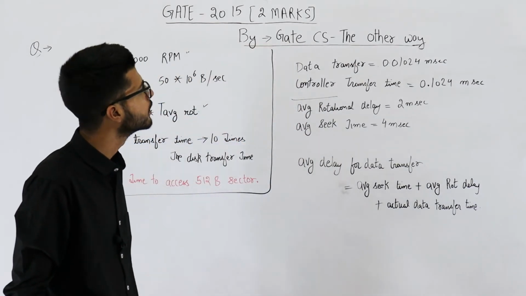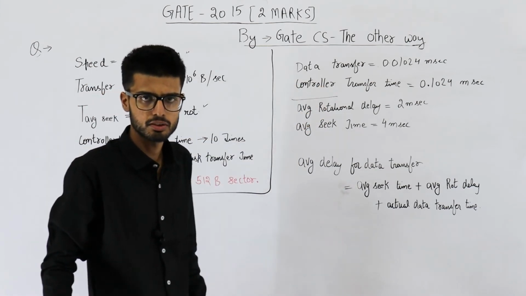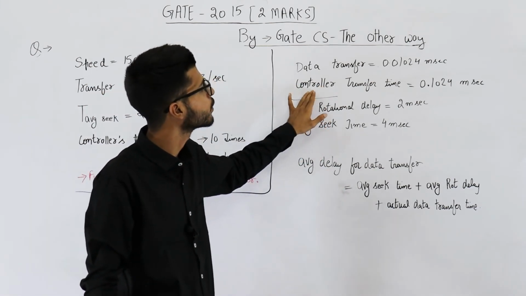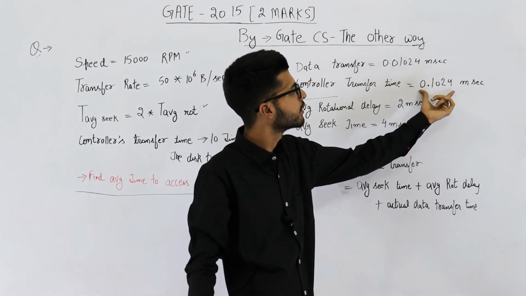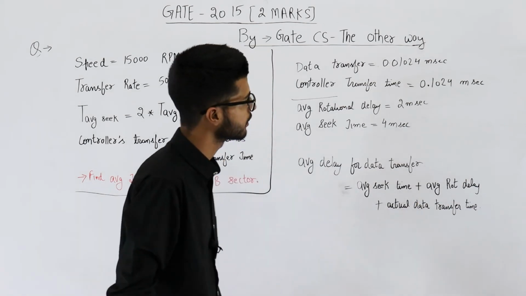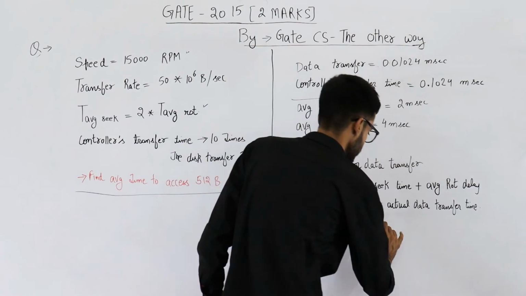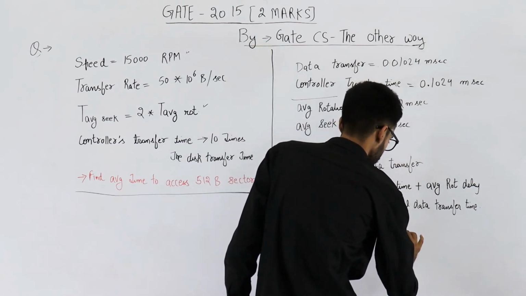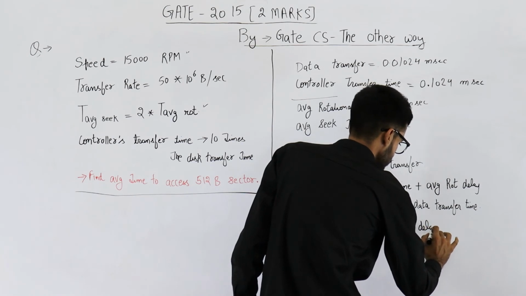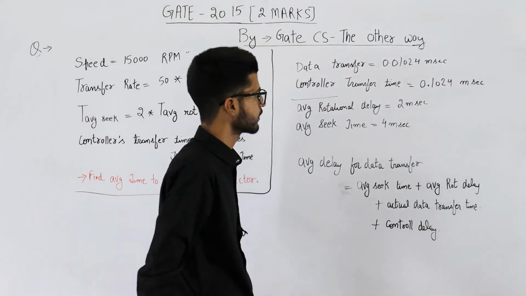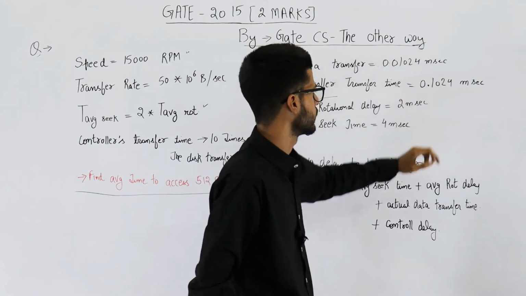Now in this question, they have also given this controller transfer time. You know the structure of a hard disk. There's this hardware called a disk controller. Its delay will be 0.1. Okay, this is given in the question. Now let's add this also. That means plus the controller delay. So your answer will be 4 plus 2, that is 6, plus these two values.